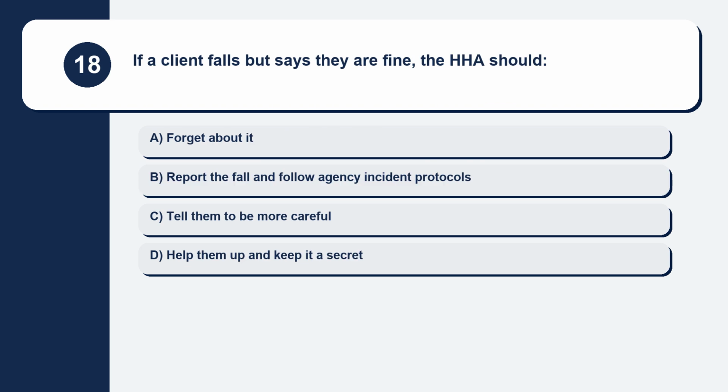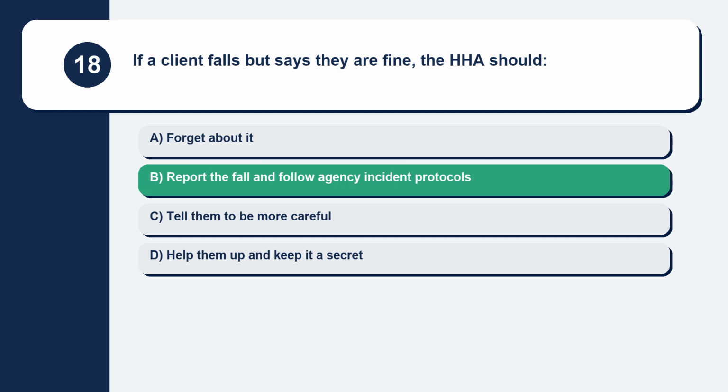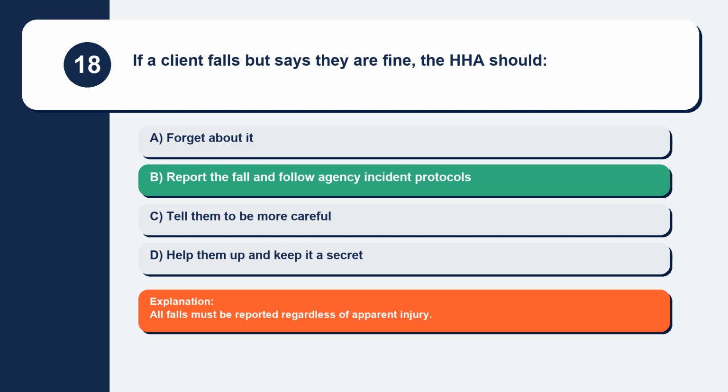Question 18. If a client falls but says they are fine, the HHA should forget about it. Report the fall and follow agency incident protocols. Tell them to be more careful. Help them up and keep it a secret. All falls must be reported regardless of apparent injury.